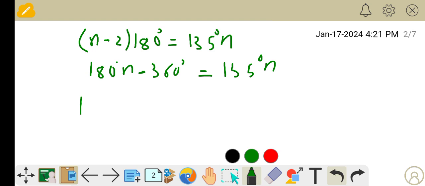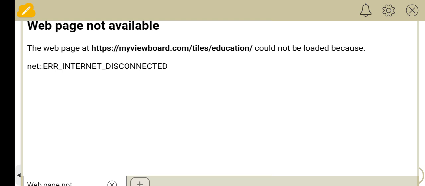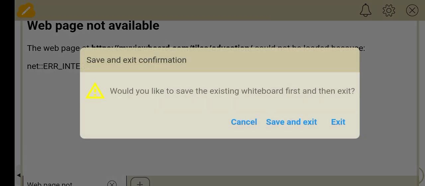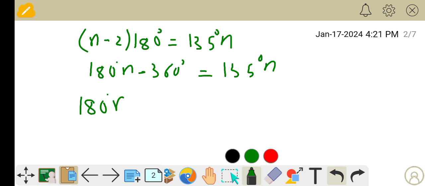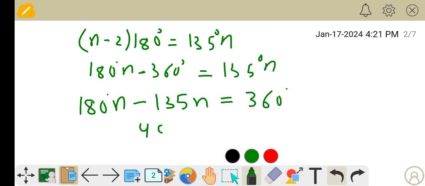Collect like terms, so 180n minus 135n equal to 360. 180 minus 135 is 45, so 45n equal to 360.